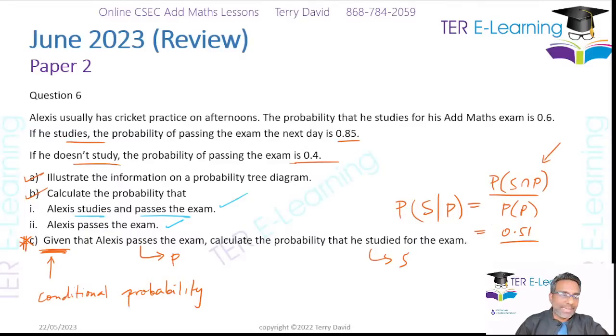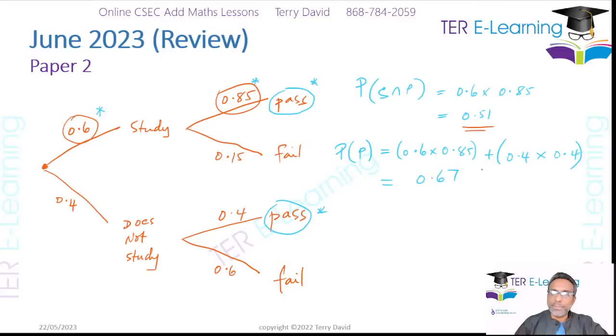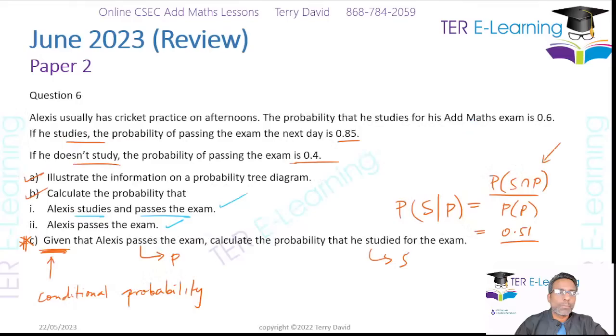The probability that he passes the exam, we just worked that out and we got 0.67. So it's going to be 0.51 divided by 0.67, and you're going to get 0.76.